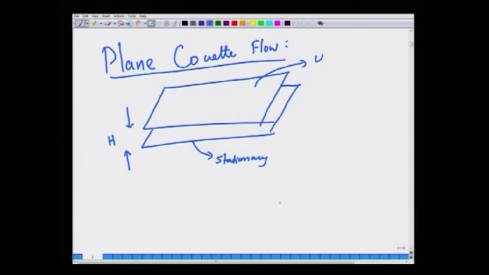Now, one question that one can ask is, suppose you have, of course, the space in between these two plates occupied by a viscous Newtonian liquid.